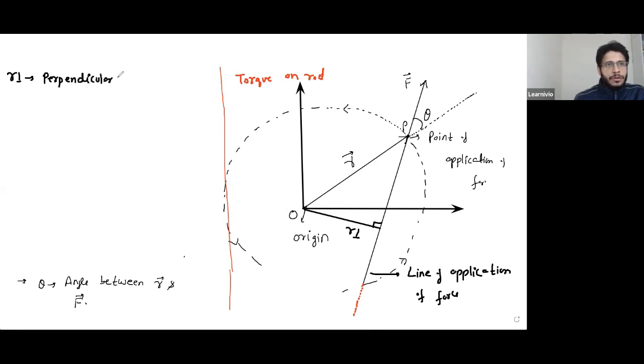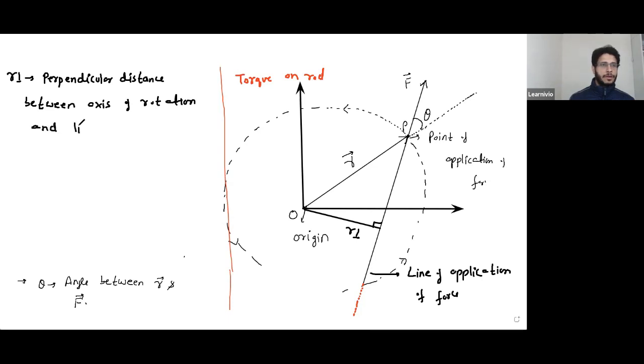So here R perpendicular is the perpendicular distance between the axis of rotation and the line of action of force. Physically, perpendicular distance means minimum distance.